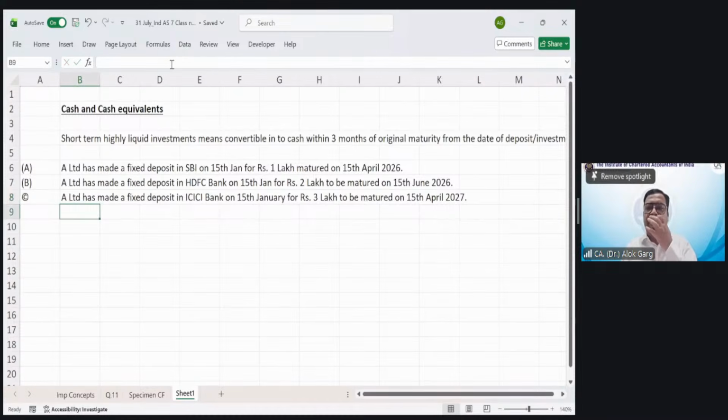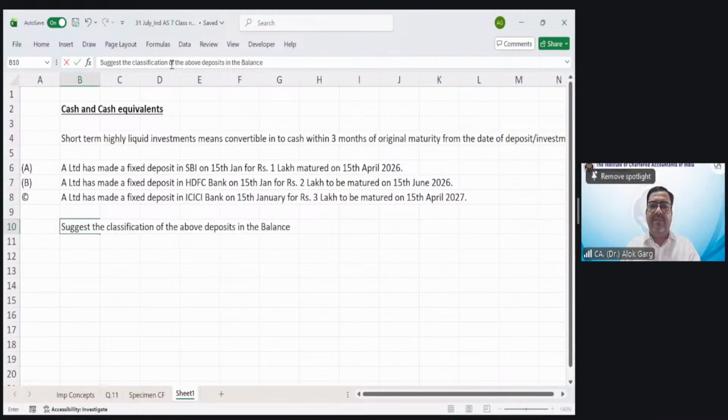Suggest the classification of the above deposits in the balance sheet as on 31st March 2026. Current or non-current, as well as the classification within current and non-current.